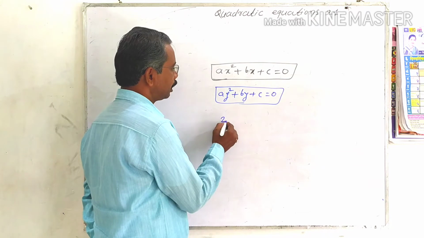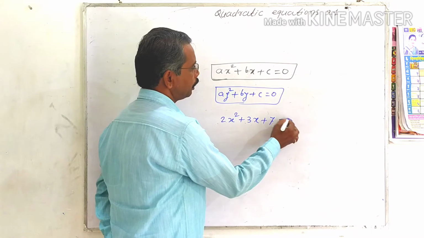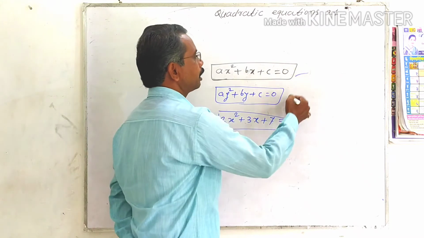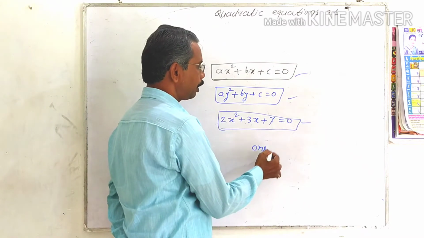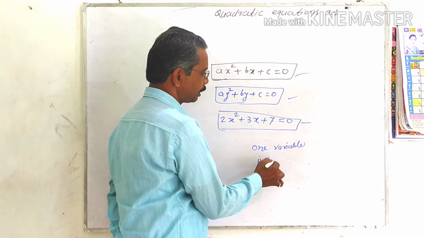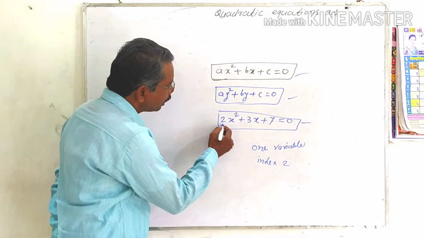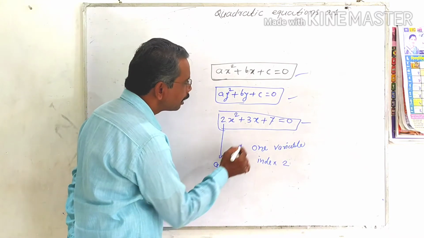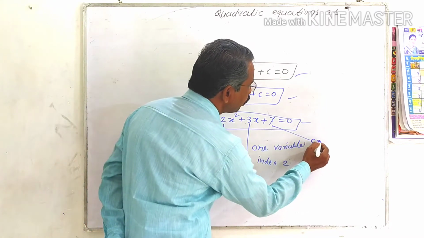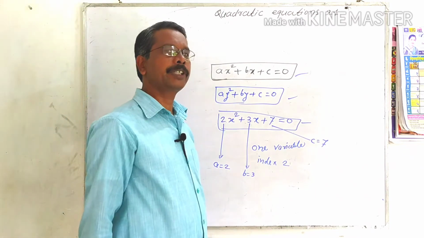In numbers, for example, 2x square plus 3x plus 7 equal to 0, it is our quadratic equation because this equation has only one variable and maximum index is 2. Here is 2, here is 2, here is 2. Here suppose it is the value of a, it is the value of b, and it is the value of c.